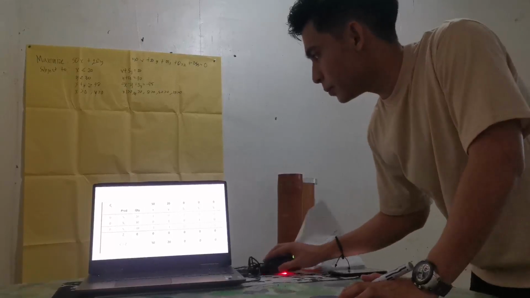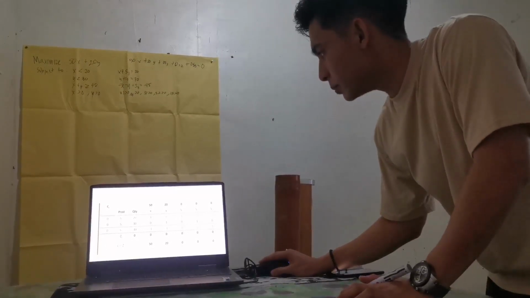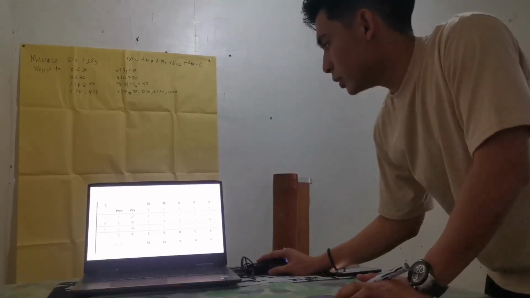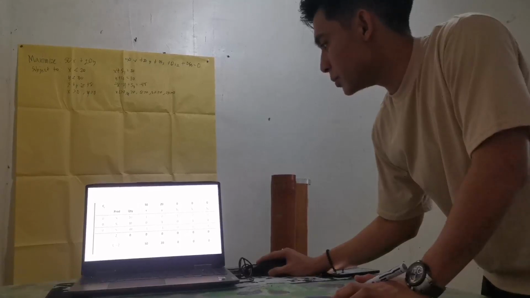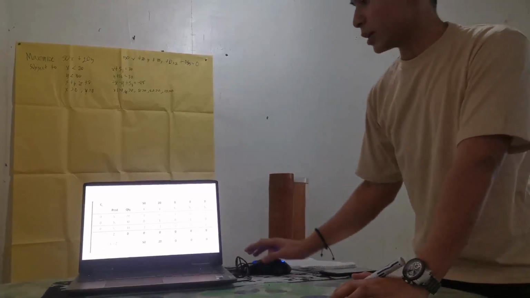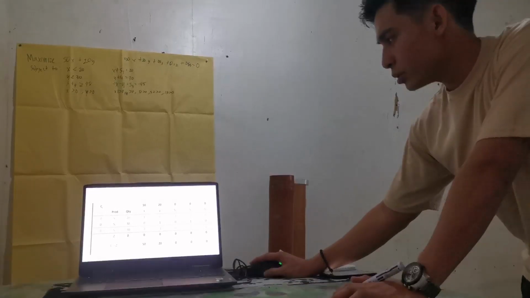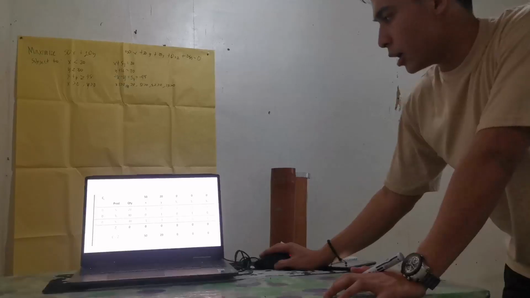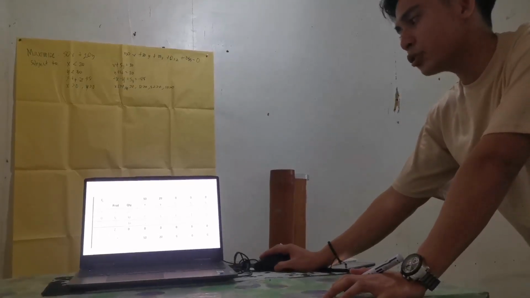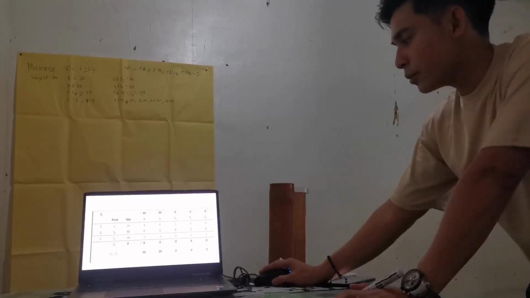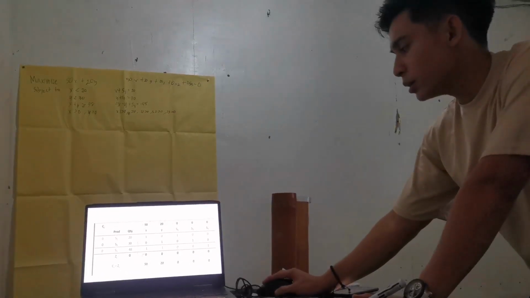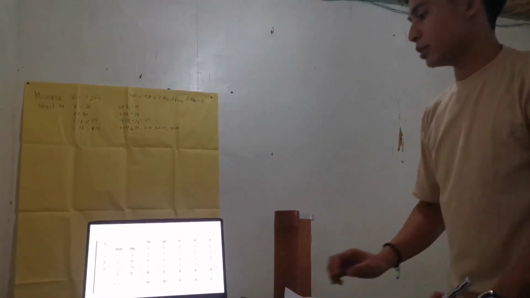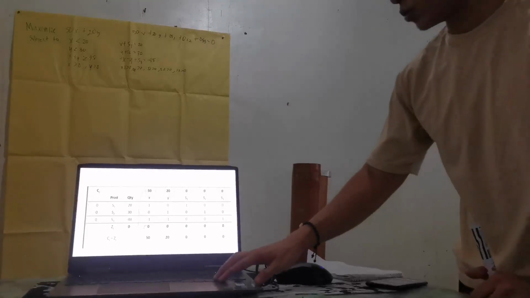Subtract natin yan dito sa z sub j. Yan. And then, ang kalabasan yan is same pa rin. Kasi 0 lang yung i-subtract natin. So, 50, 20, 0, 0, and 0. So, yan yung values natin sa C sub j minus Z sub j row.